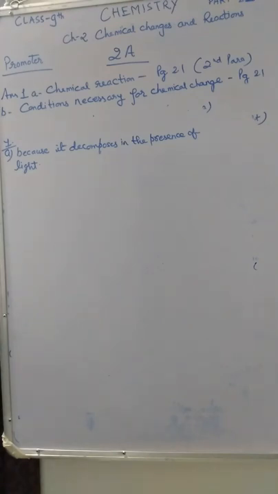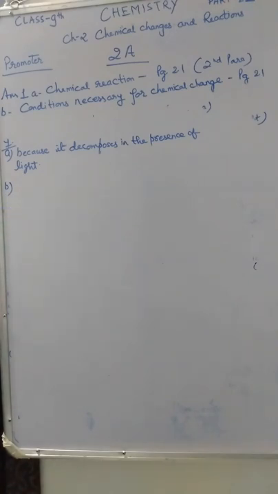Second one: molybdenum is used in the manufacture of ammonia. So why? Because I told you, molybdenum is acting as a promoter and it is used to increase the efficiency of the catalyst.